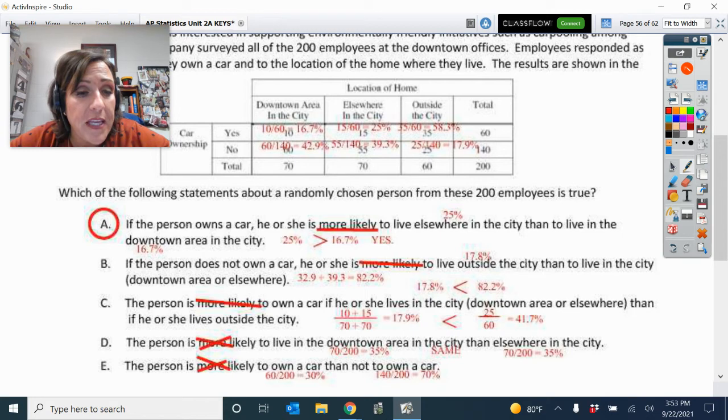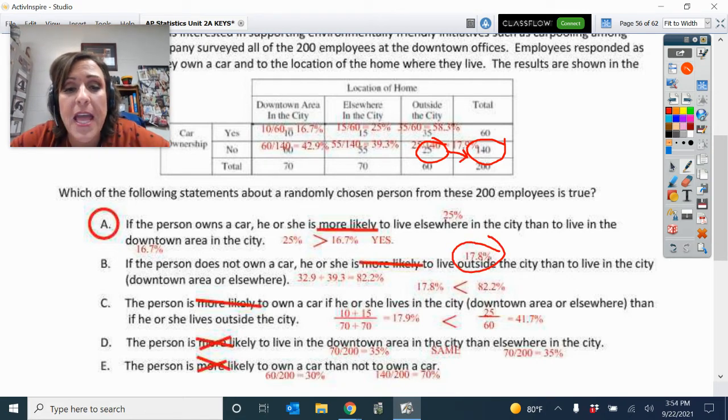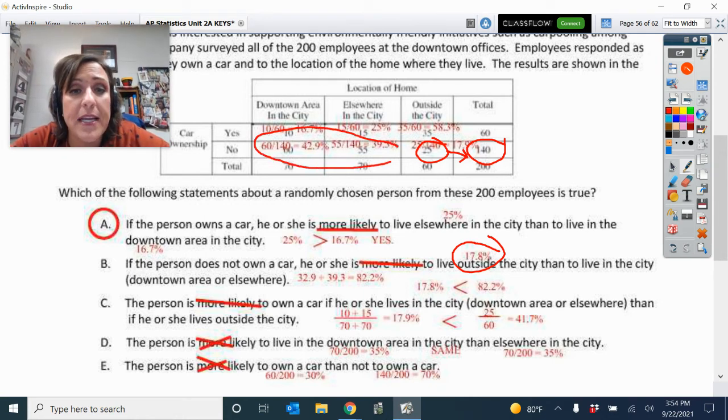B says, if the person does not own a car, so out of the 140 that do not own a car, he or she is more likely to live outside the city. So that's 25 out of 140. And I guess that 25 out of 140 is 17.8%, than to live in the city, which is these two sections combined.